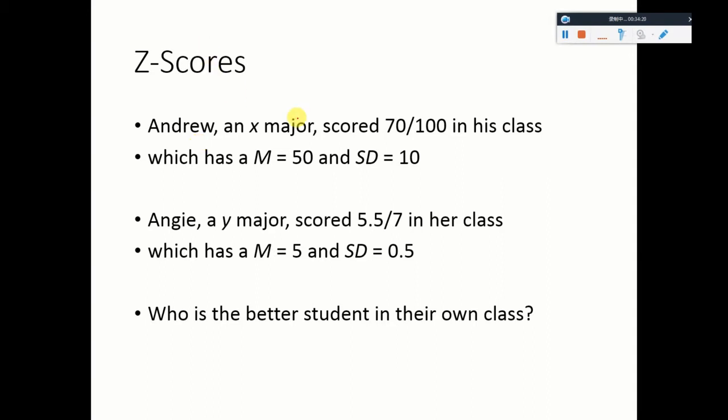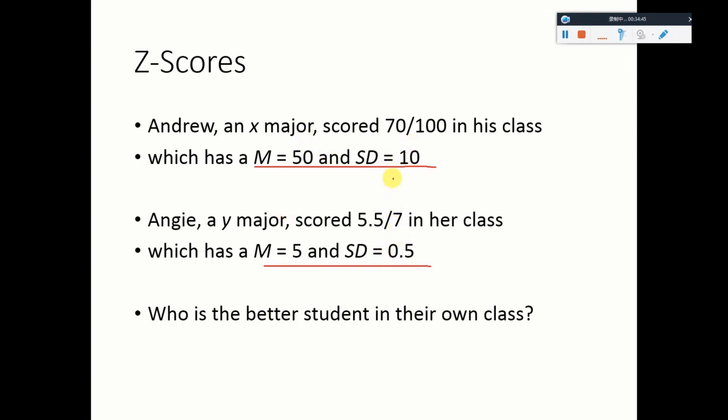And z-scores make sense here because we know that z-score is essentially to standardize the scores from different distributions, right? Obviously, this distribution is very different from this distribution. They have very different means. They have different standard deviations.